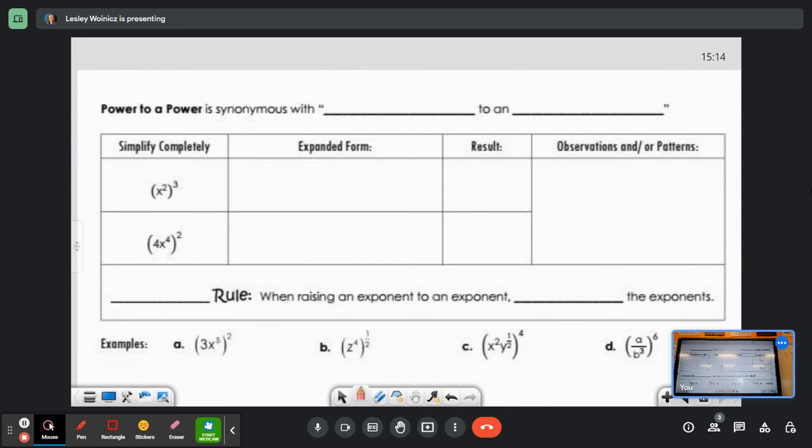Starts with an E. What's synonymous with a power? Starts with an E. Yeah, an exponent. Okay, so power to a power is the same as exponent to an exponent. Whoa. Too many syllables.